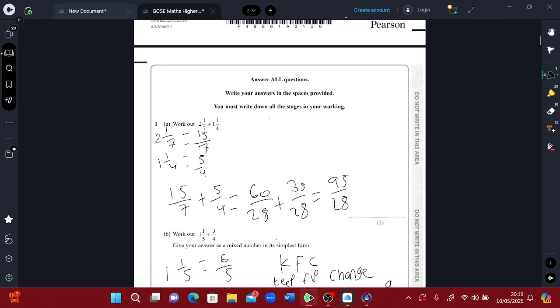Also, I should probably say two questions to always expect, although this paper didn't have any of them. One, always expect an arithmetic question. So this is something like 0.28 times 67. So you're going to need to use long multiplication or division. And two, expect to use exact trig values.